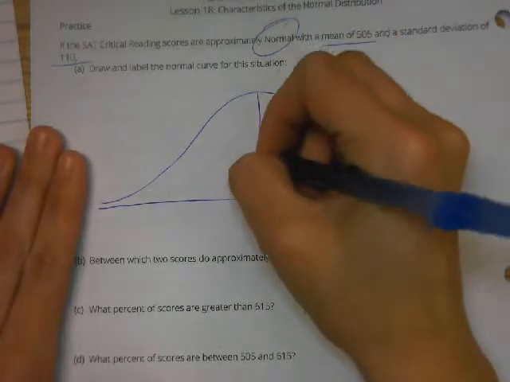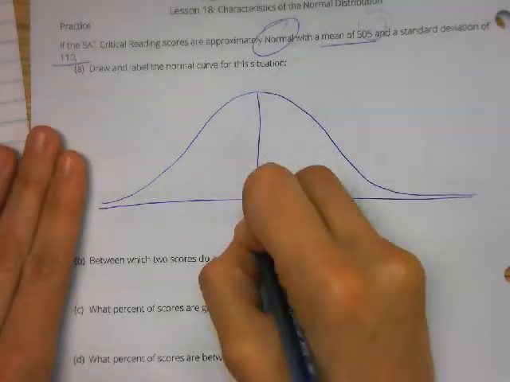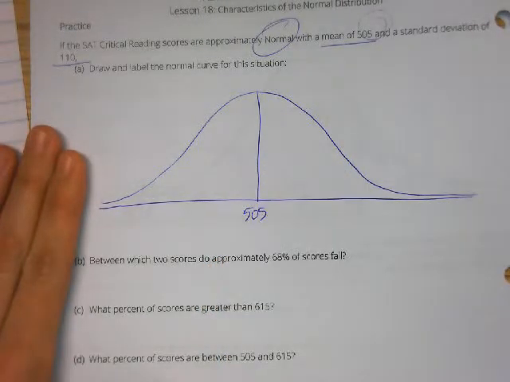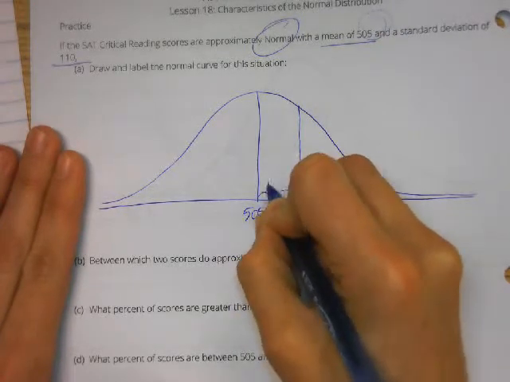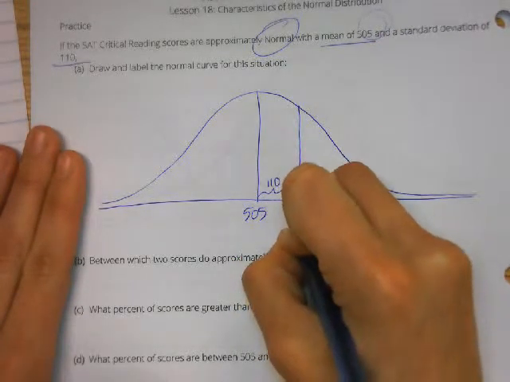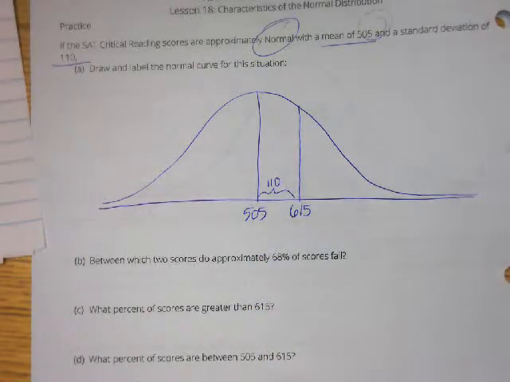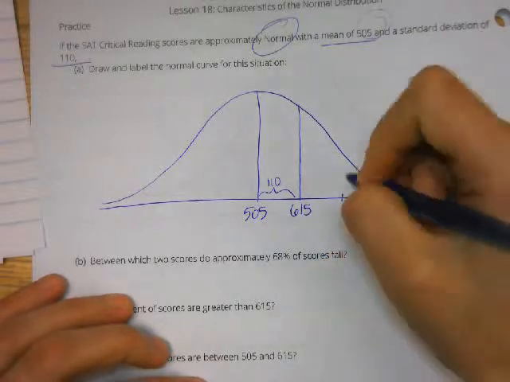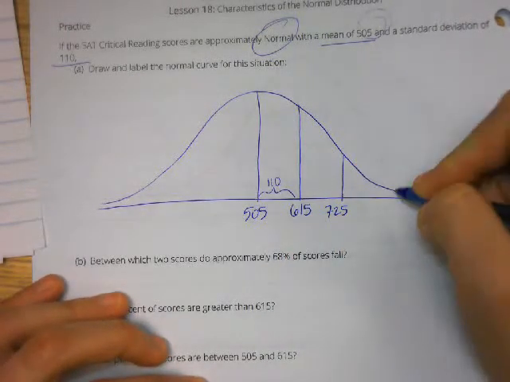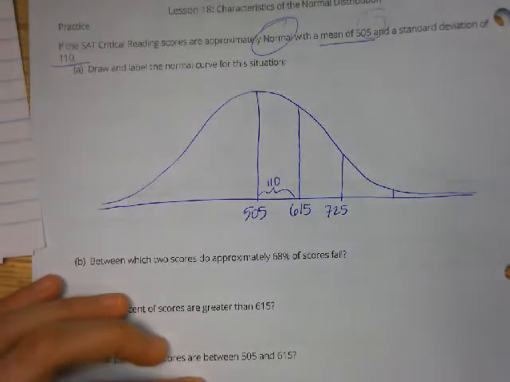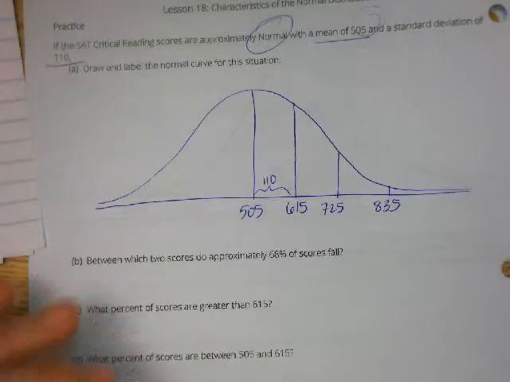Okay. The point right in the middle is the mean, so it's going to be 505. I'm going to scoot to the right by 110, so this is going to be 615. If I keep doing that, the next block, 110, so that'll be 725. And then if I keep going by another 110, that'll be 835.